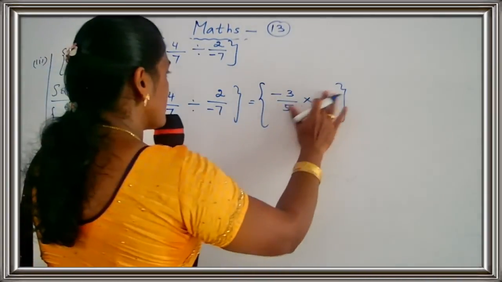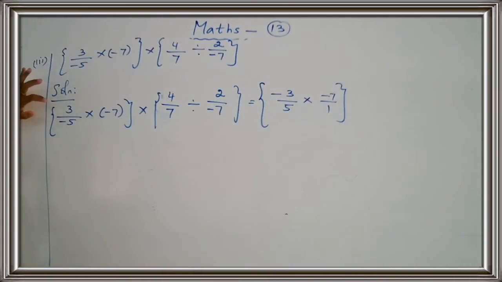What is the reciprocal of 2 upon minus 7? Minus 7 upon 2. Okay, clear? 4 upon 7 divided by 2 upon minus 7. So 4 upon 7 multiply the reciprocal of 2 upon minus 7. The reciprocal of 2 upon minus 7 is equal to minus 7 upon 2.